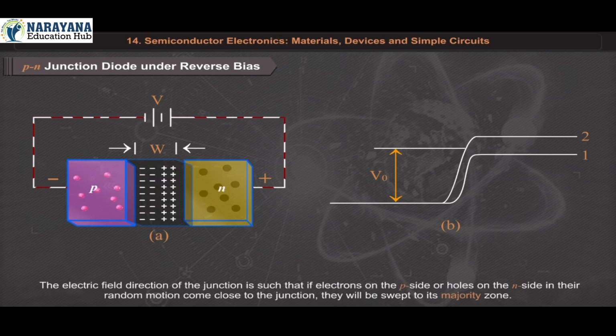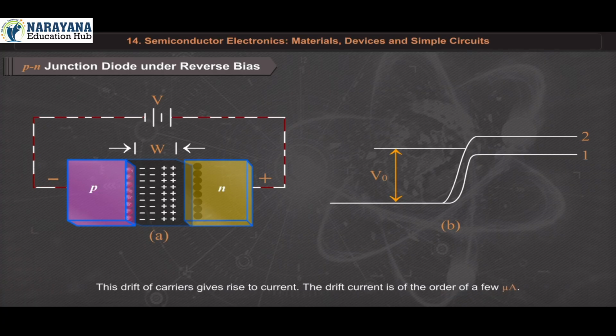The electric field direction of the junction is such that if electrons on the P side or holes on the N side in random motion come close to the junction, they will be swept to their majority zone. This drift of carriers gives rise to current. The drift current is of the order of a few microampere.